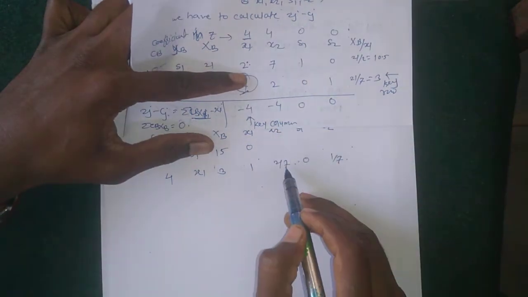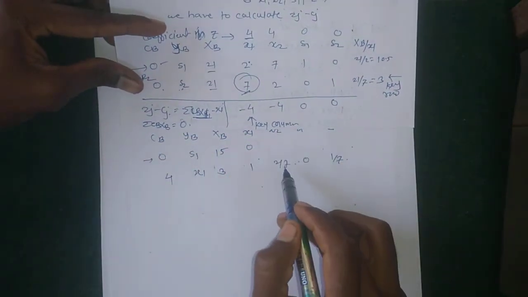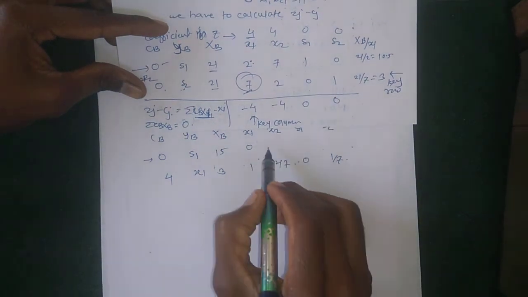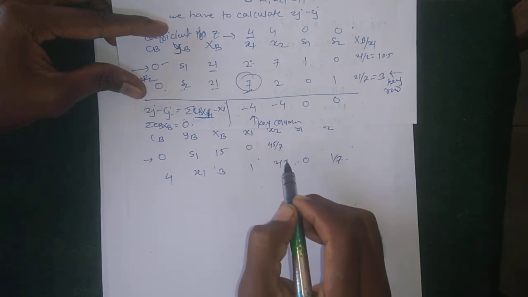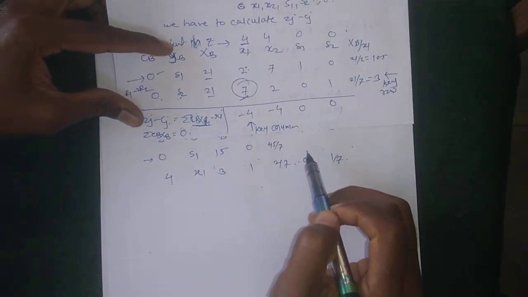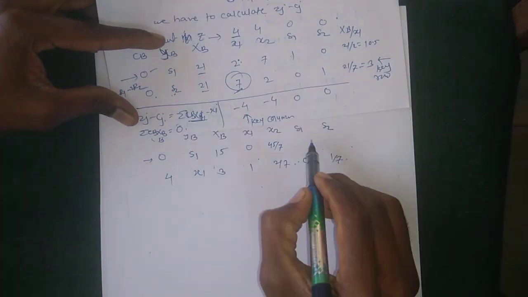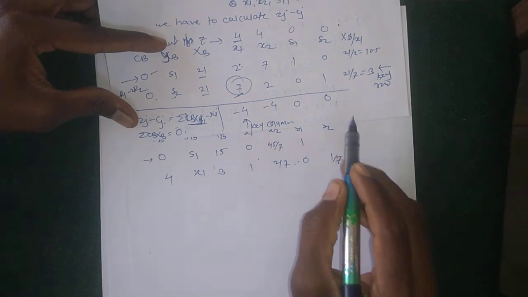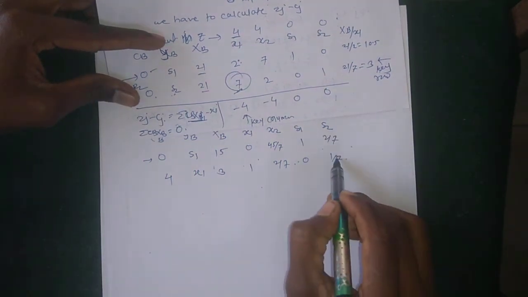Then 7 minus 4 by 7 is 45 by 7. Then 1 minus 0 is 1, and 1 minus 2 by 7 is 2 by 7.